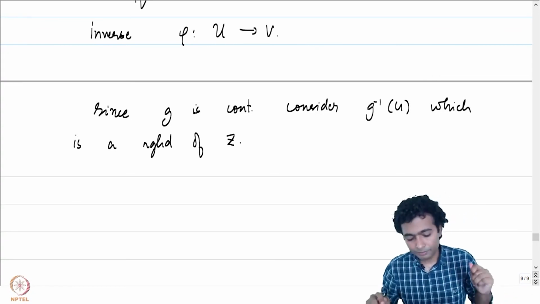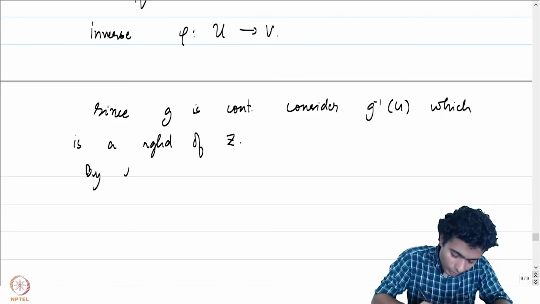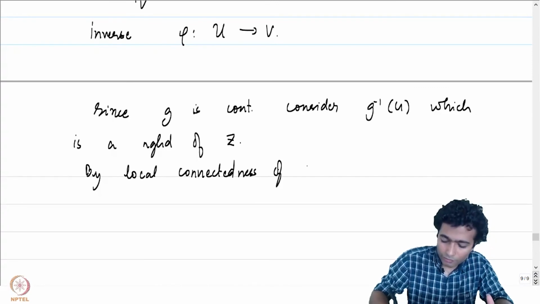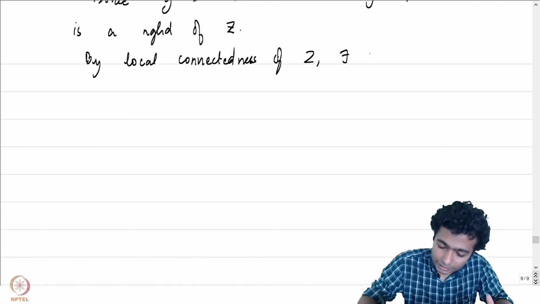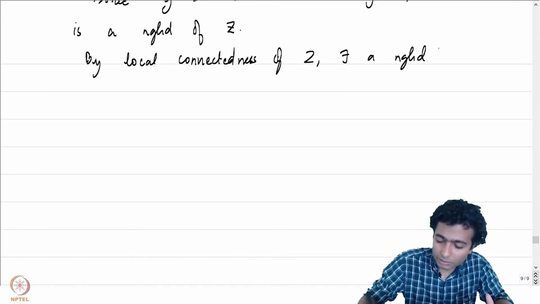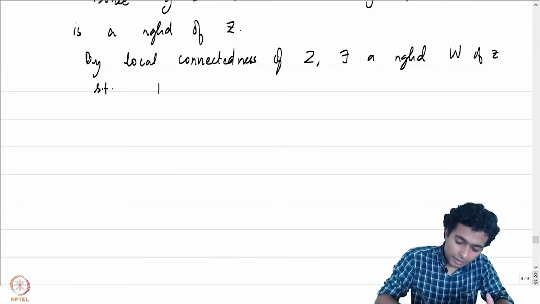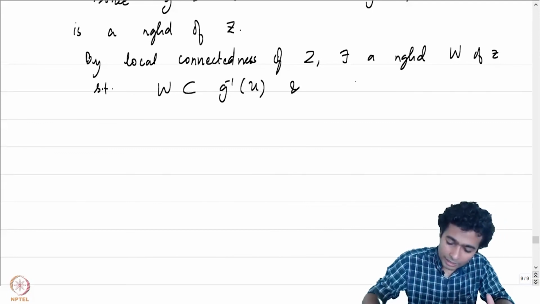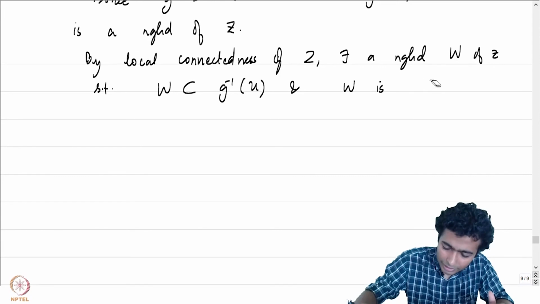And now, by using the local connectedness of capital Z, we can get hold of a neighborhood of small z. There exists a neighborhood, let's call it W, of small z, such that W is contained in G inverse of U, and W is path connected. W is connected, that's enough.